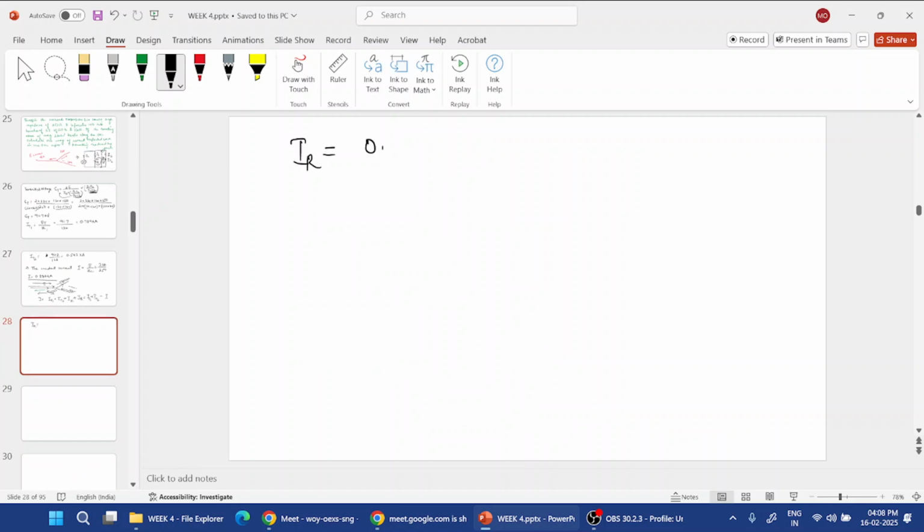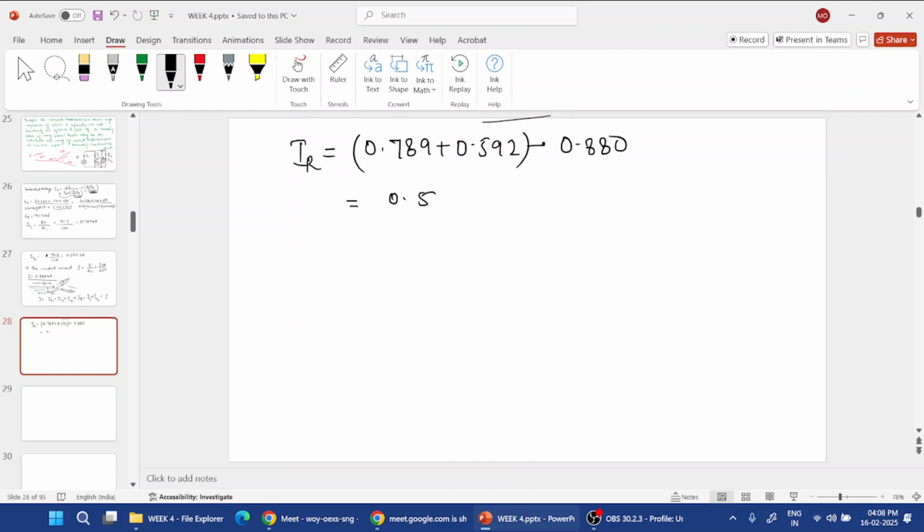What is IT1? We just calculated 0.789, 0.592 minus 0.880. So if we add up and solve it, it will come out to be 0.501 kiloampere or 501 ampere.